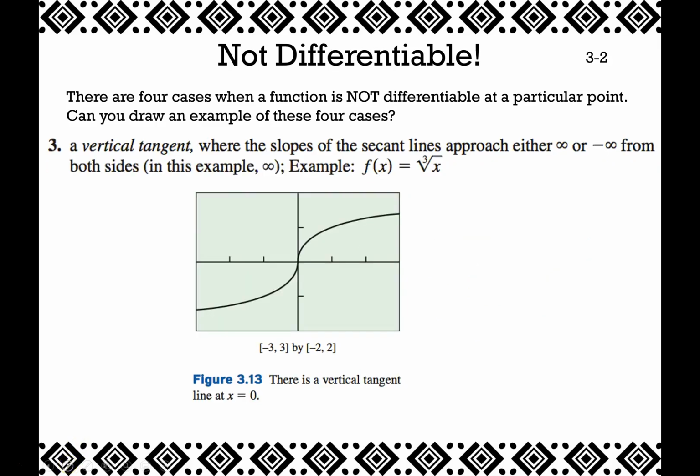Then you've got the vertical tangent. In this particular case, at x equals 0, I actually can draw a tangent line. In fact, it would be vertical. But the slope of that is rise over run, which would be some number, but our run would be 0, meaning that our slope of a vertical line is undefined, meaning we don't have a tangent line slope there.